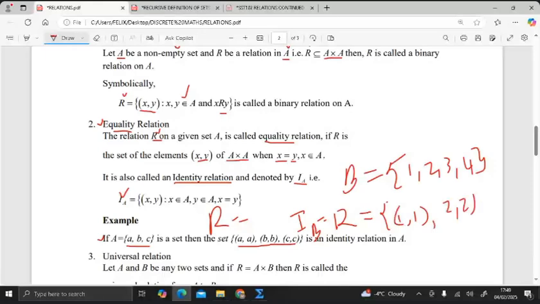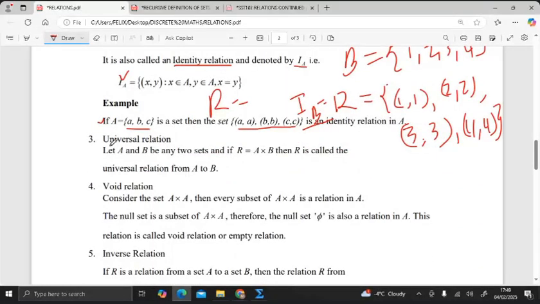If we talk about, let's say, B, which consists of 1, 2, 3, 4, then the identity relation on B is this one: 1,1, 2,2, 3,3, and then 4,4. That is the identity relation on B.